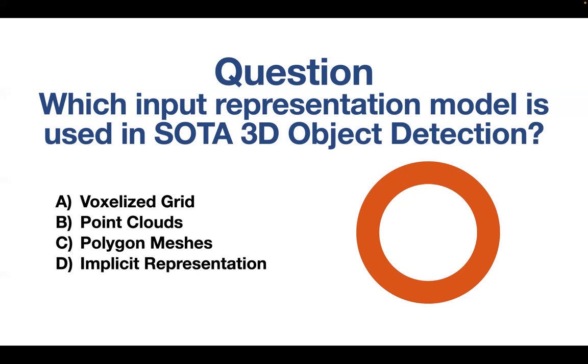In most cases, point clouds are used as input, but then they're in most cases converted to voxelized grids, and then people apply some sparse convolutions on them. So point clouds and voxel grid are both valid answers, but the input is usually point clouds. The first initial input is usually the point clouds, because this is how we retrieve 3D data the most efficiently.